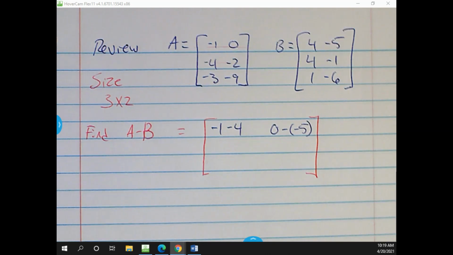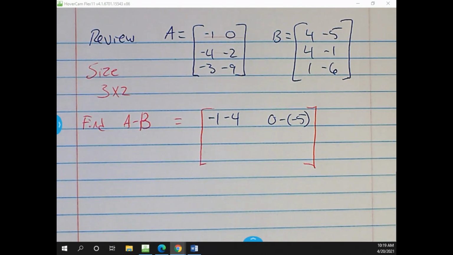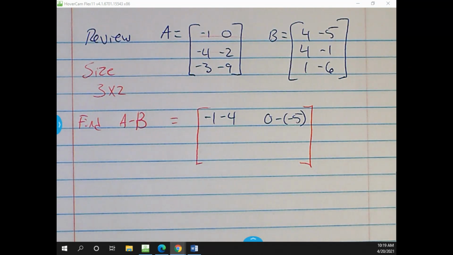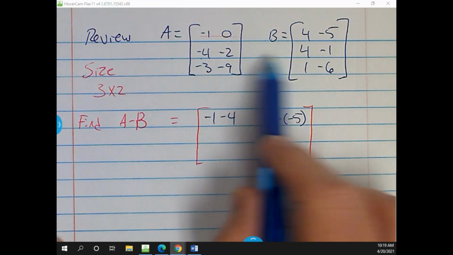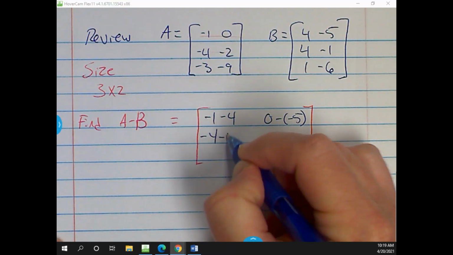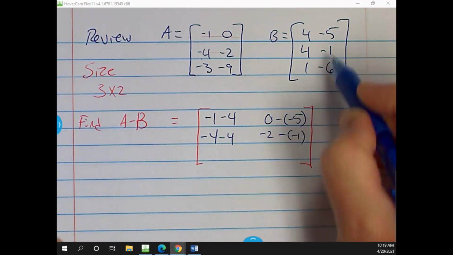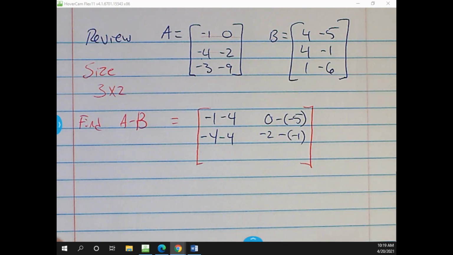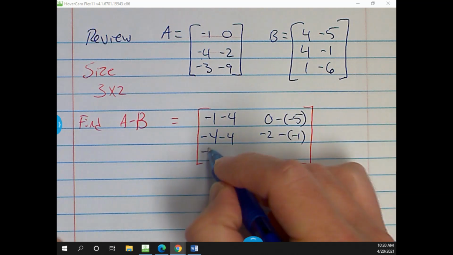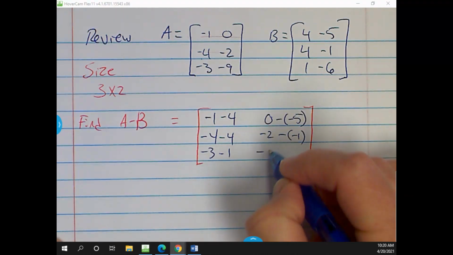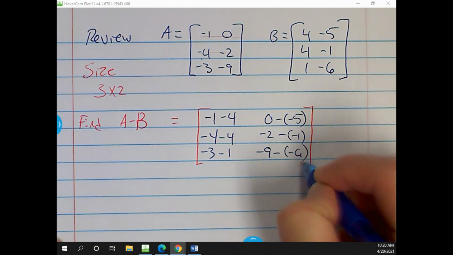And again, for subtraction, if it's minus a negative, it's probably good to put that second number in parentheses so that you can see the minus negative, so we'll know to go back and make that one a plus. For the second row, it's -4 minus 4. It's -2 minus -1 on that second column. And then on the bottom row, it's -3 minus 1, and then -9 minus -6.